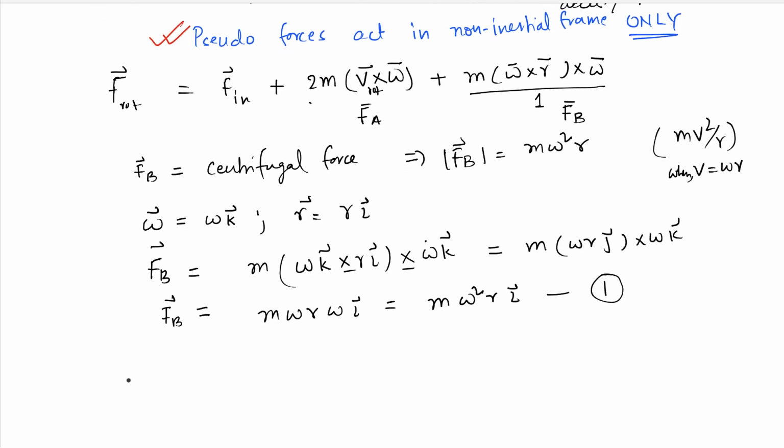Okay. Now let's see the Fa. Fa is called Coriolis force, and it only acts in a non-inertial frame because it's a pseudo force. So what is the meaning of Coriolis force? Why does it exist, right?